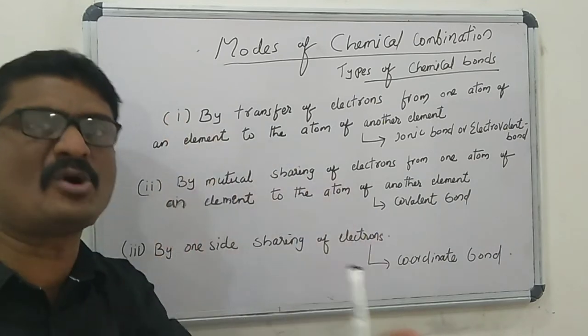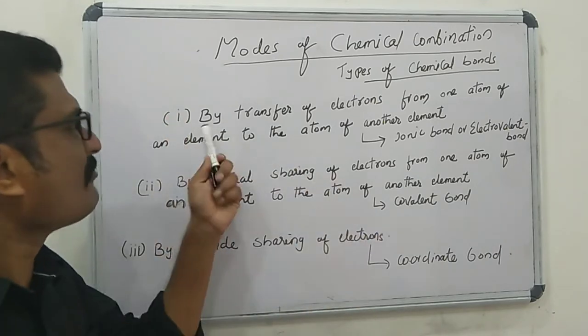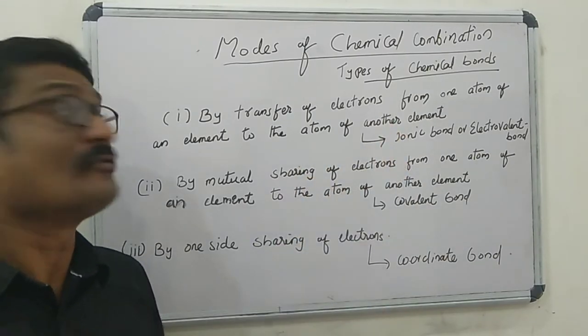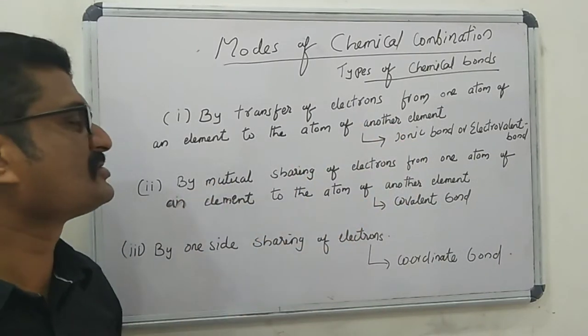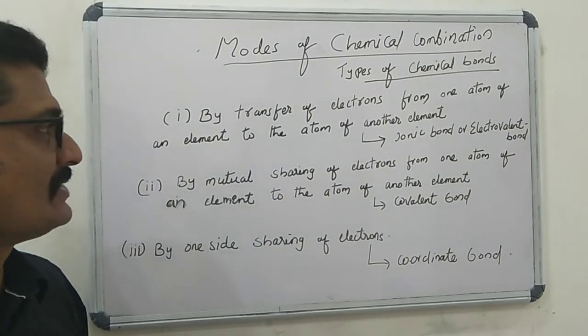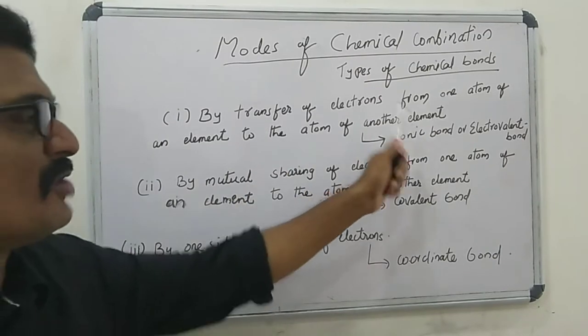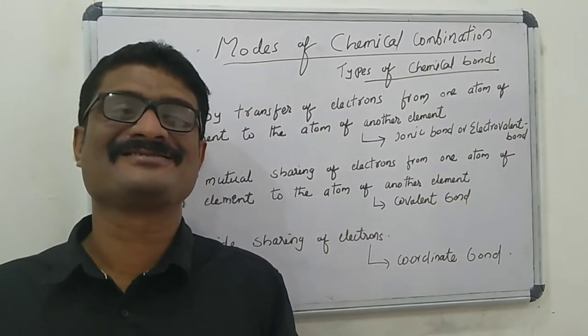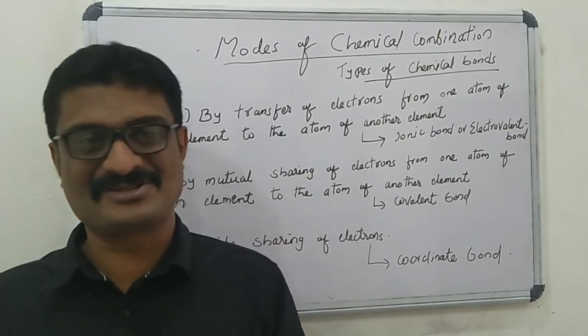One type of chemical bond is formed by transfer of electrons from one atom of an element to the atom of another element. The bond formed is called ionic bond or electrovalent bond.